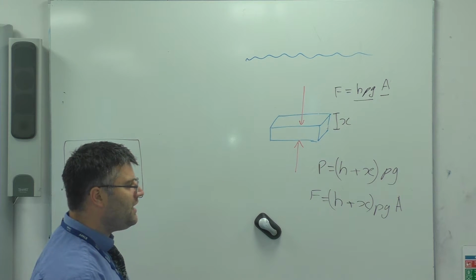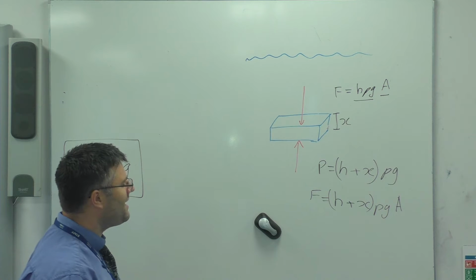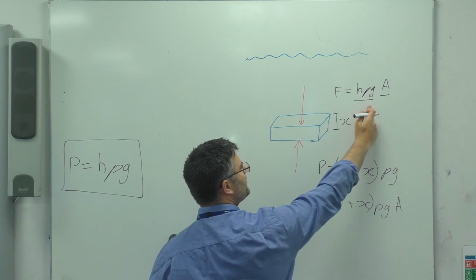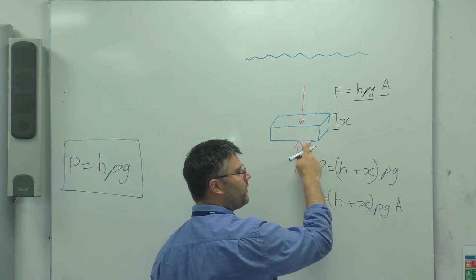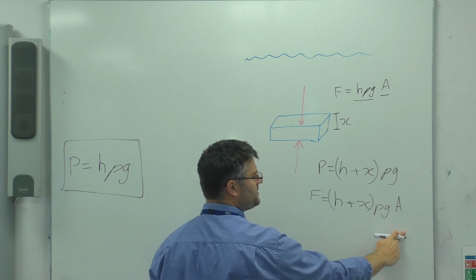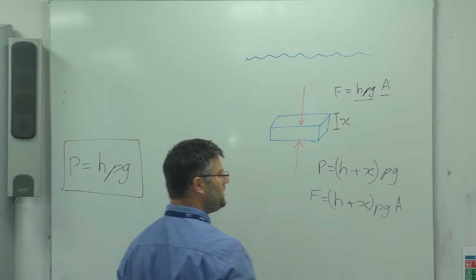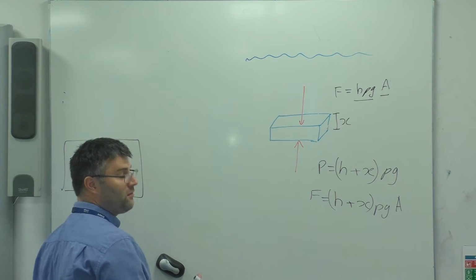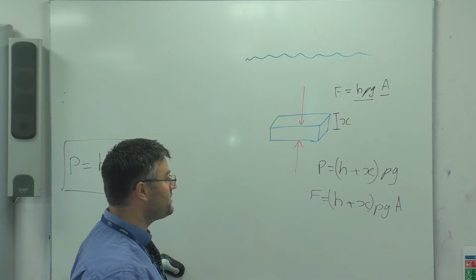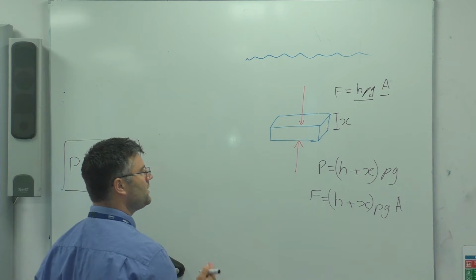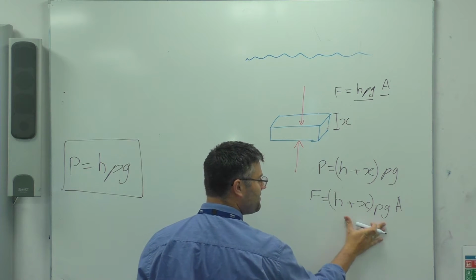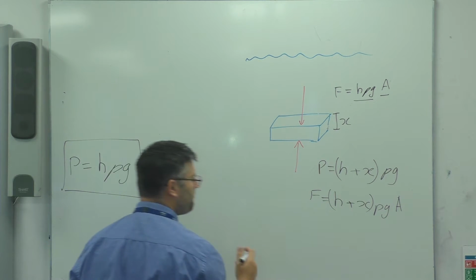So let's have a look at what we can analyse here. We've got a force downwards of this, and a force upwards of this. Now, what happens if we work out the resultant of these forces? Essentially this is going to be the bigger value, but we can expand this out to make it easier to read.